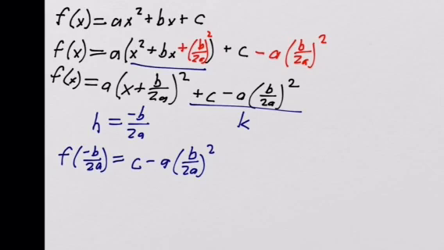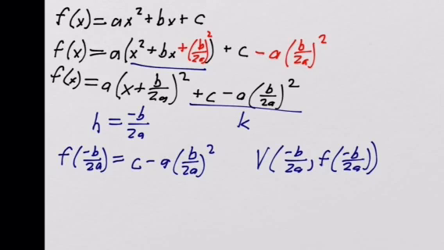We can just say the vertex of this parabola is minus b over 2a, then the function evaluated at minus b over 2a. So that's how we find a vertex given the function in ax squared plus bx plus c form, which most textbooks will call standard form.